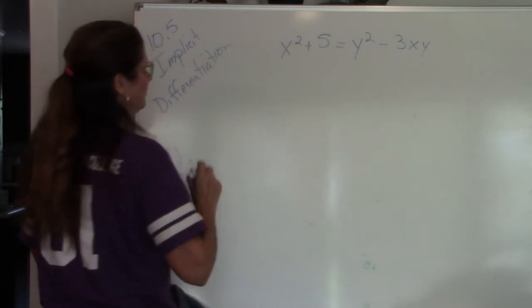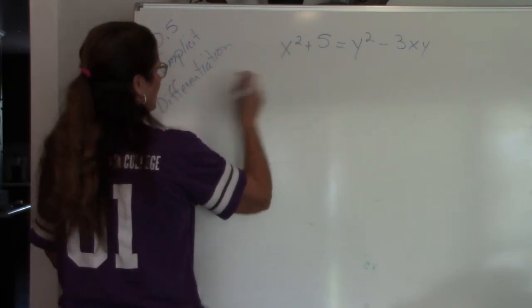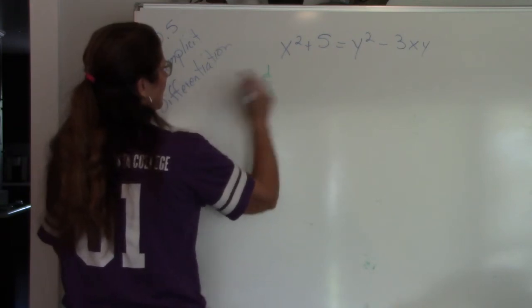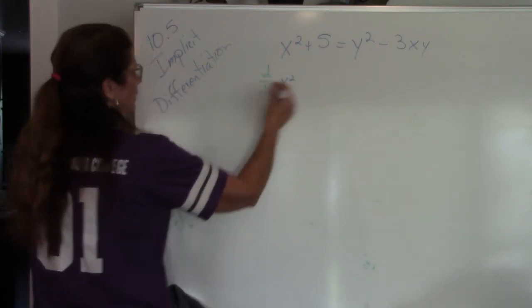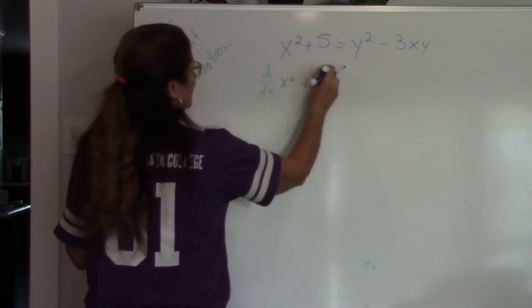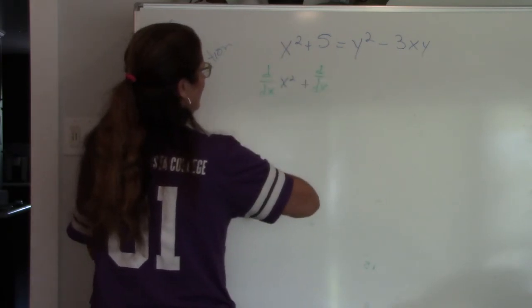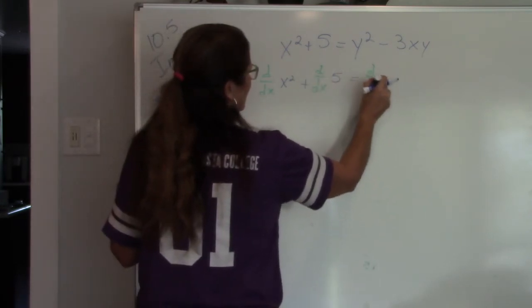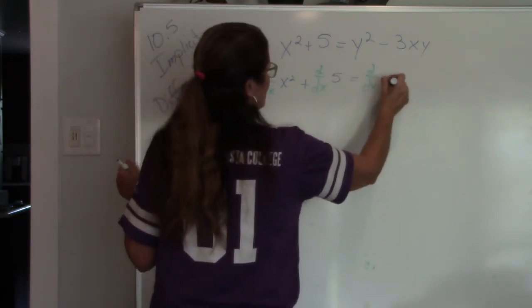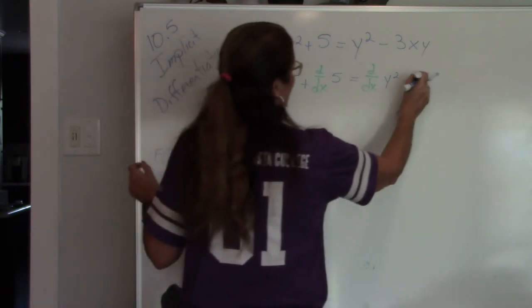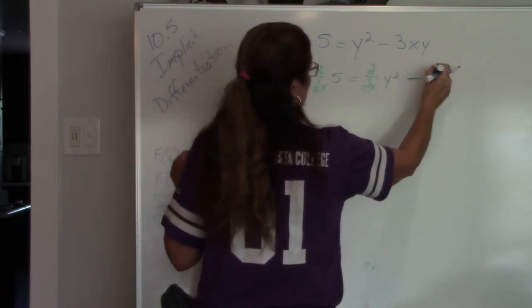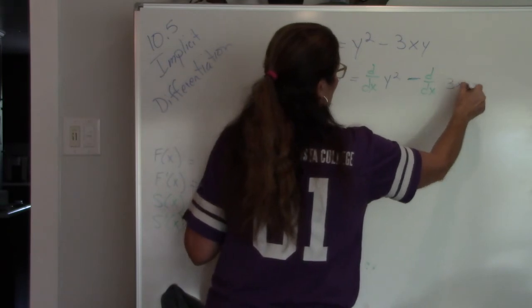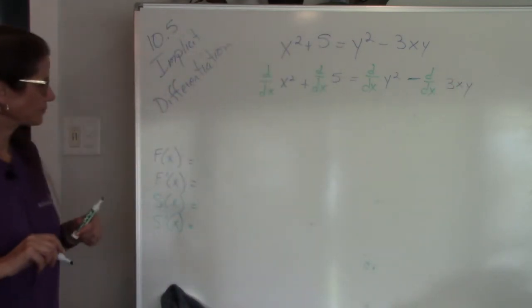So I have d dx of x squared plus d dx of 5 equals d dx of y squared minus d dx of 3xy. Okay?